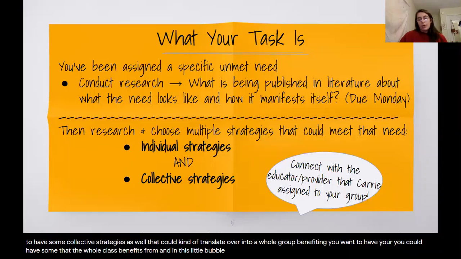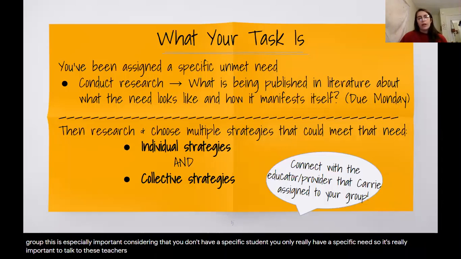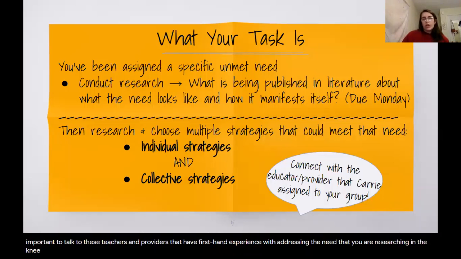And in this little bubble, I put connect with the educator/provider that Carrie assigned to your group. This is especially important considering that you don't have a specific student, you only really have a specific need. So it's really important to talk to these teachers and providers that have firsthand experience with addressing the need that you are researching and trying to address in your product.